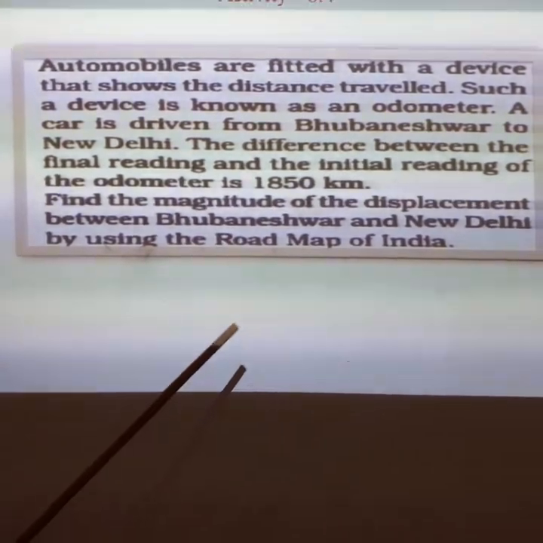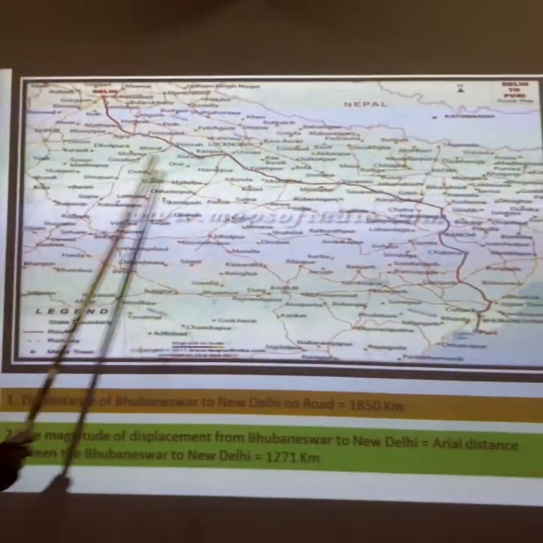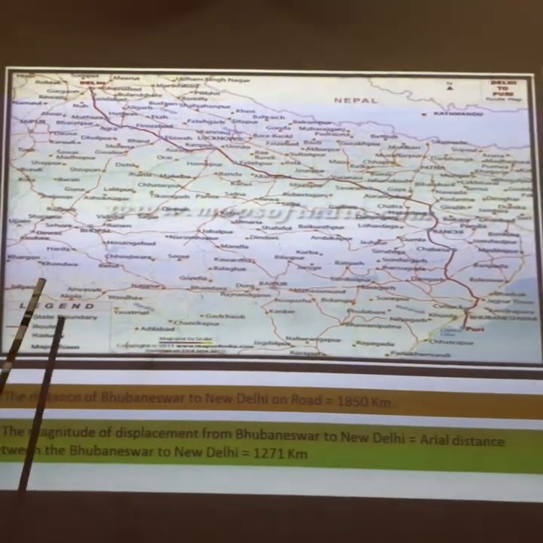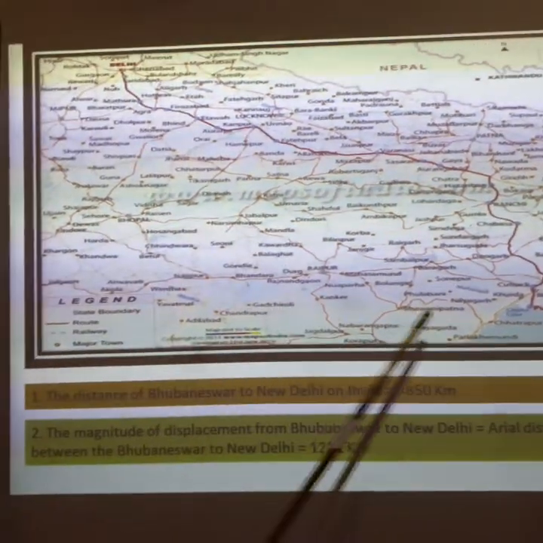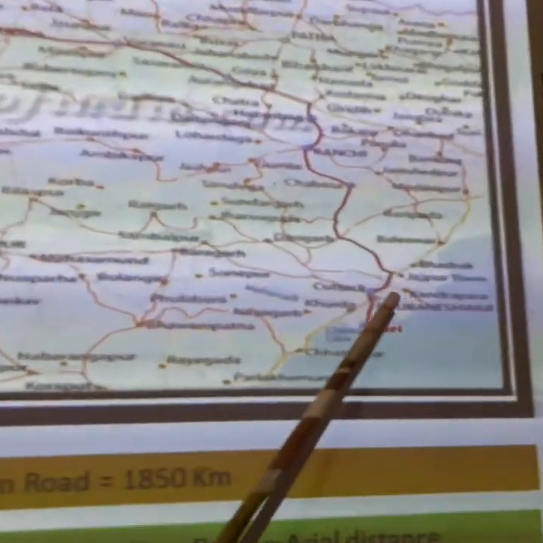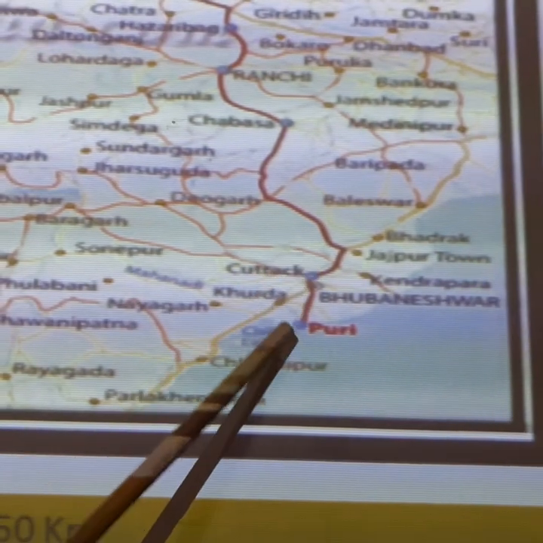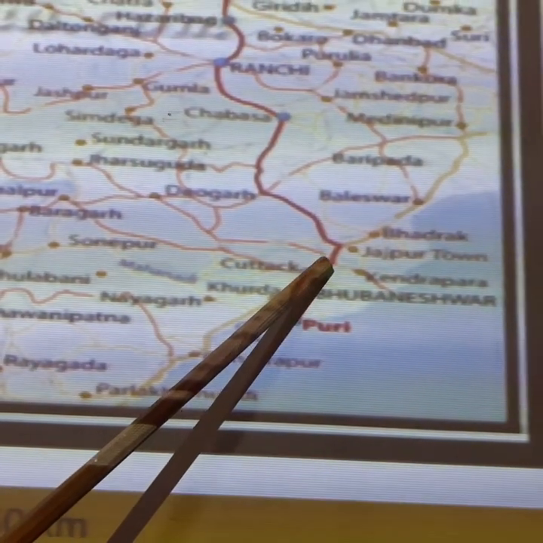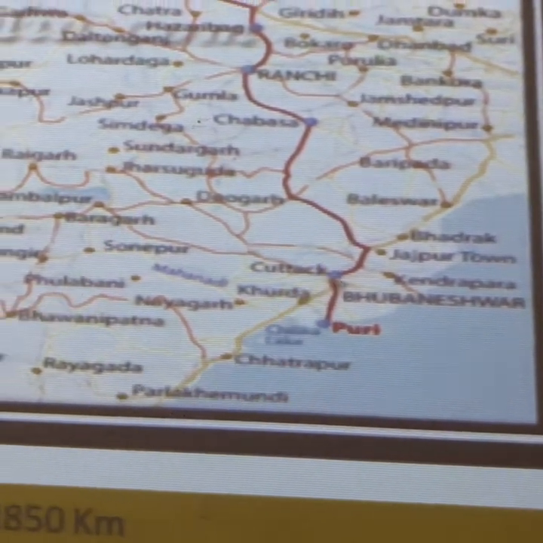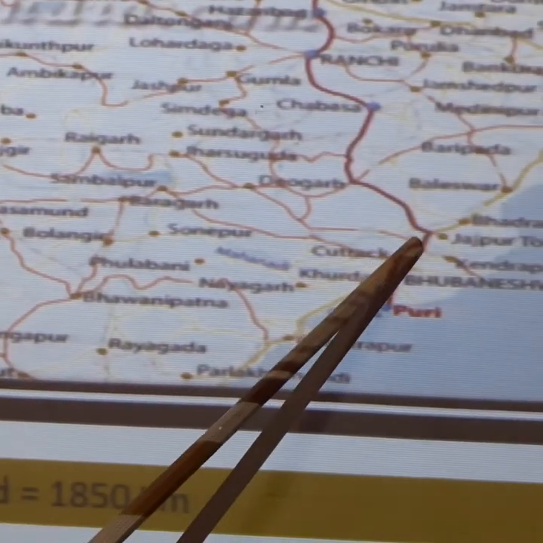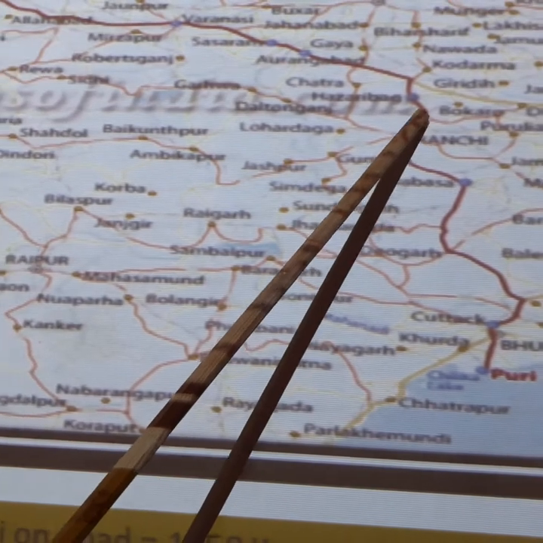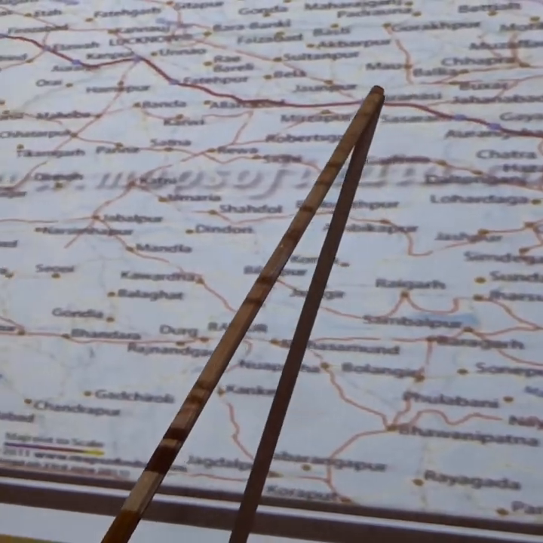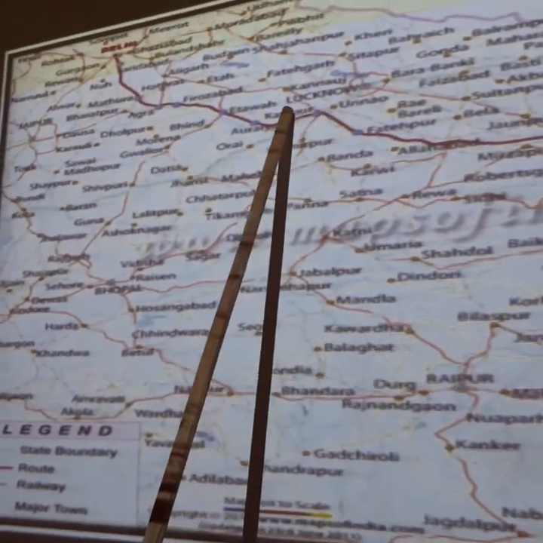Next slide. This is the road map of India. In this road map, this is Bhubaneswar. Here it is Puri and here it is Bhubaneswar. The road from Bhubaneswar to Puri is represented by this dark red line.